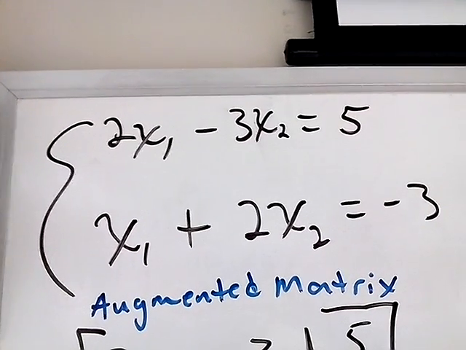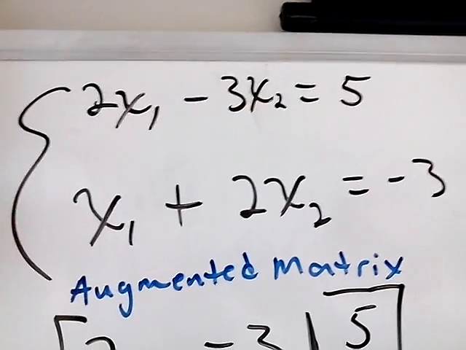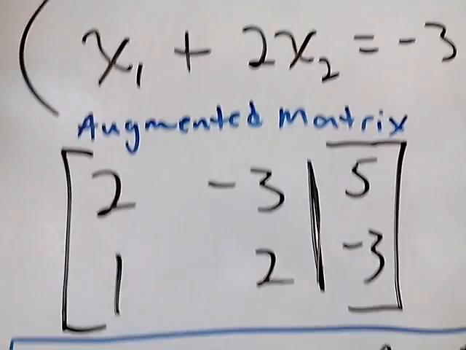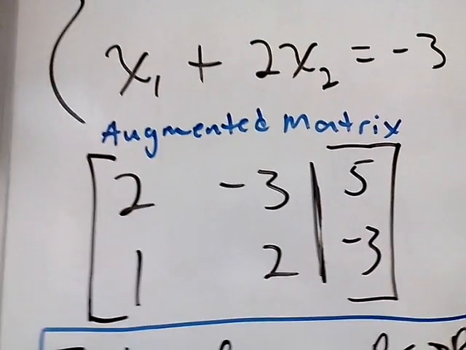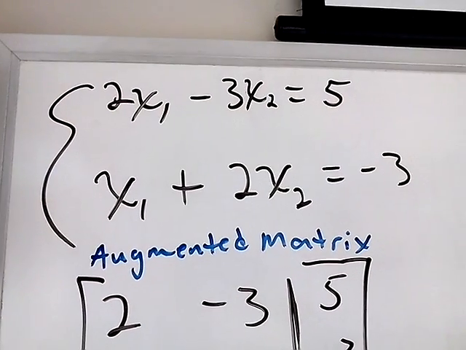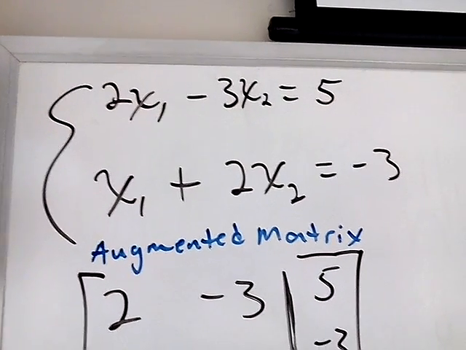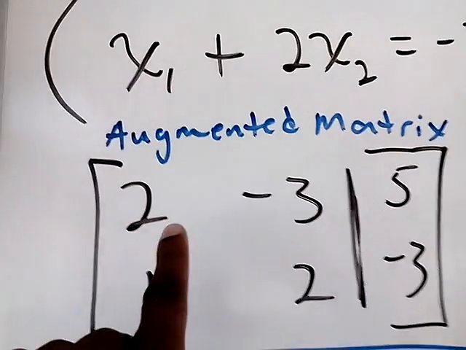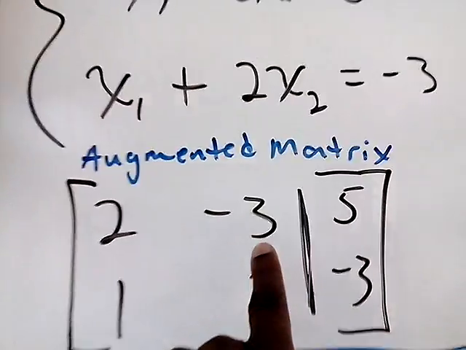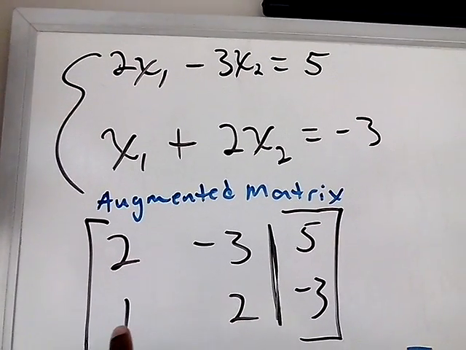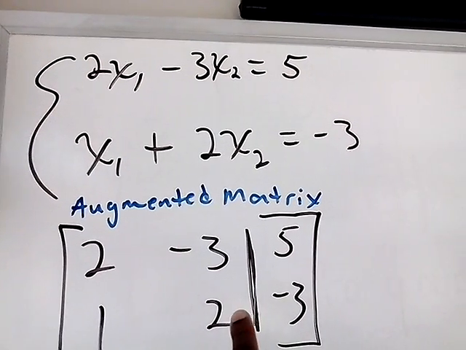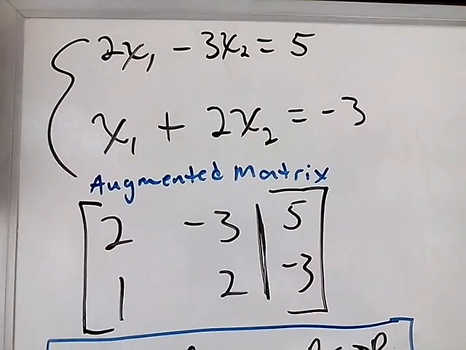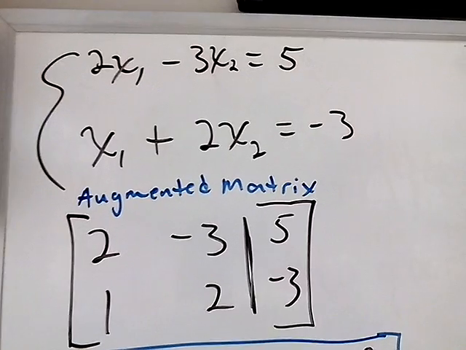Our goal is to transform this into an augmented matrix, which we do here, where we take the coefficients from each one of the variables and the constants after our equal sign. So here we have 2, negative 3, 1, 2, and negative 3, all taken from the above system.